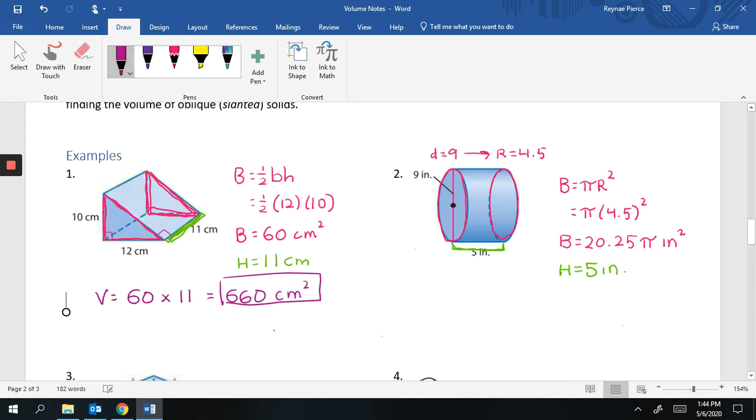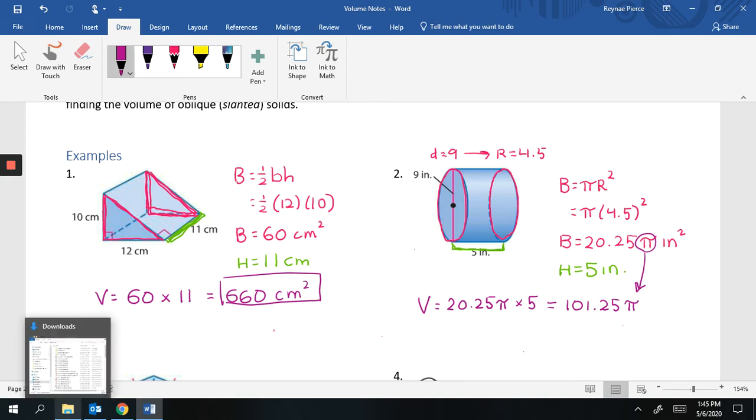To find that volume, we're going to take the area of the base times the height, and the exact answer for this cylinder would be 101¼ pi. Don't forget that pi needs to be included. So that's our exact answer.